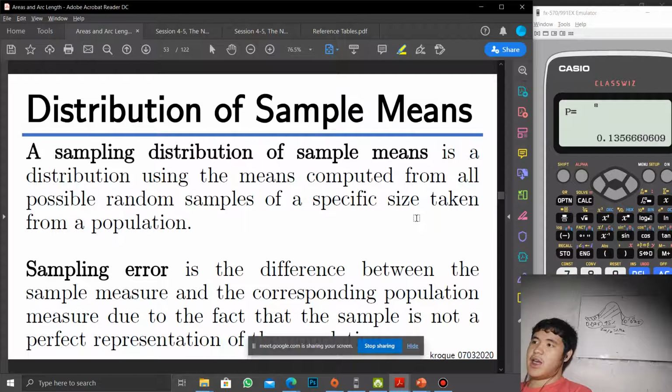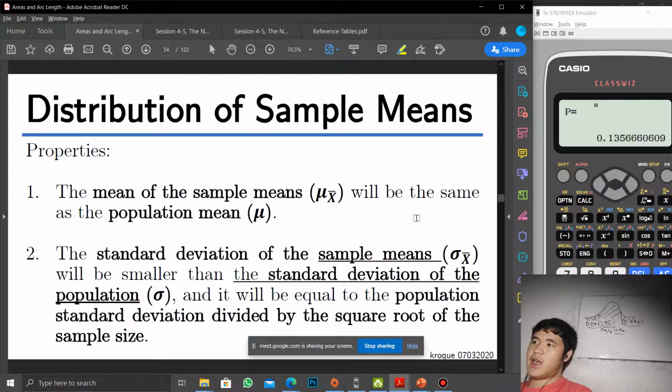Para masabi nilang reliable yung ginagawa nila. So, kaya meron tayong tinatawag na sampling distribution of sample means. A distribution using the means computed from all possible random samples of a specific size taken from the population. And sampling error is the difference between the sample measure and the corresponding population measure.